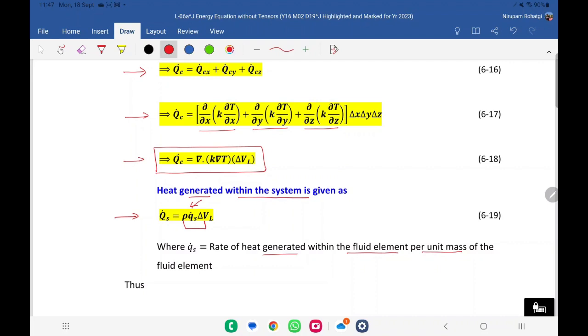This can be through chemical reaction or radiation. Viscosity we will not talk about because viscosity is taken care of in velocity. What is happening? The kinetic energy is reducing and the heat is being generated, right? So it is already being taken care of.